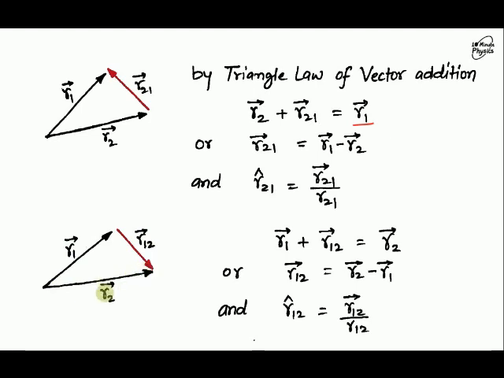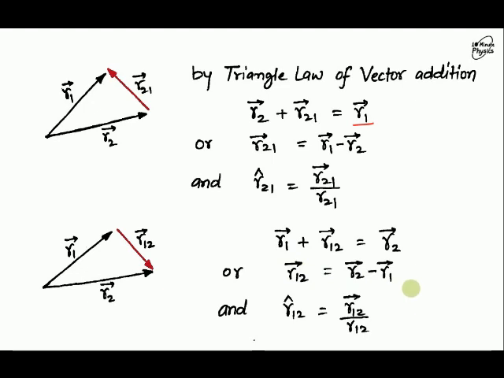Now we want to calculate the vector R12 value. So how to calculate that? Vector R12 is equal to vector R2 as it is, minus vector R1. So R12 cap, that is unit vector R12, is equal to vector R12 divided by the magnitude of R12.